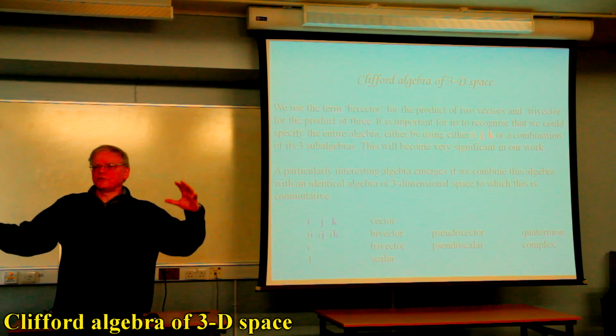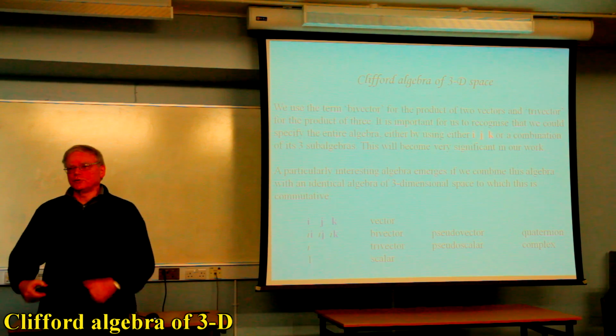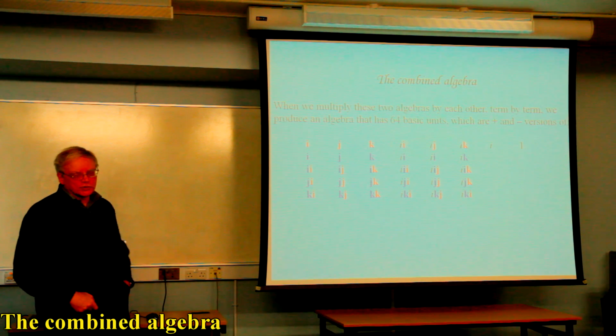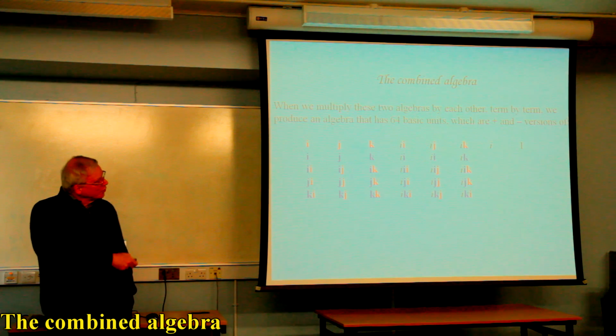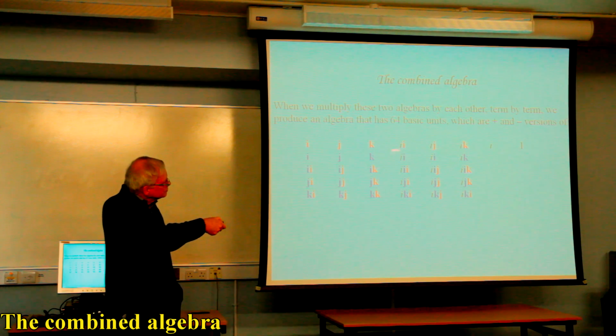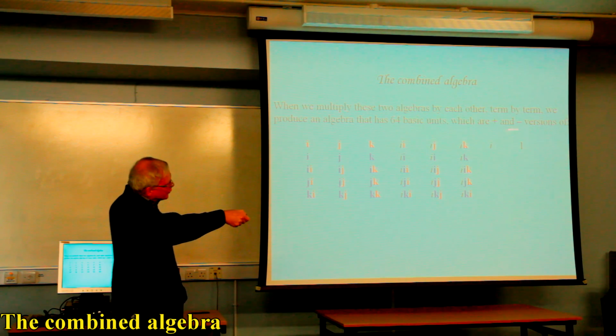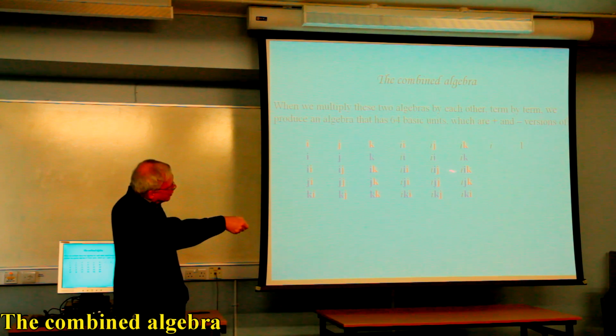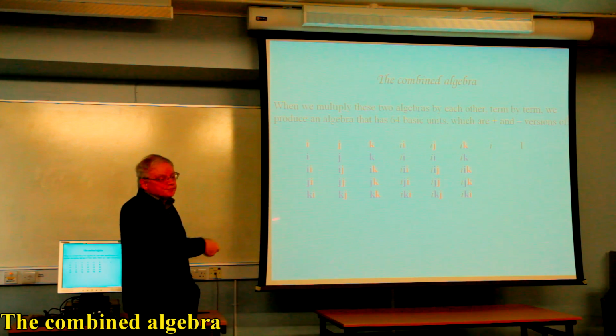Now what happens if I make an algebra out of those two combined? I get 64 units. 32 plus and minus. So you can see this is the first space. I don't need to repeat those because they're commutative. That's the second one, and then this is the combinations of the two.